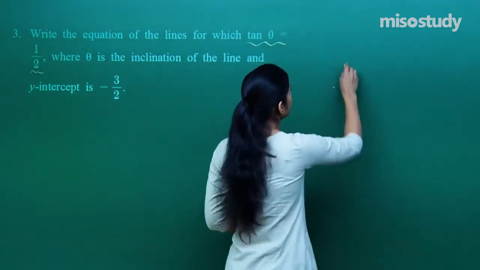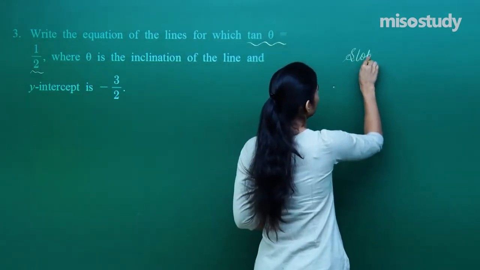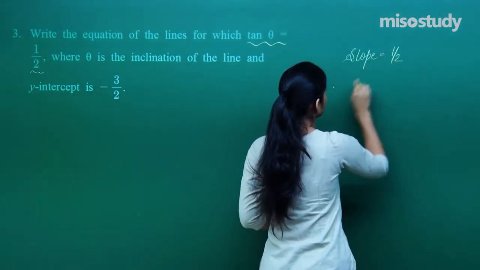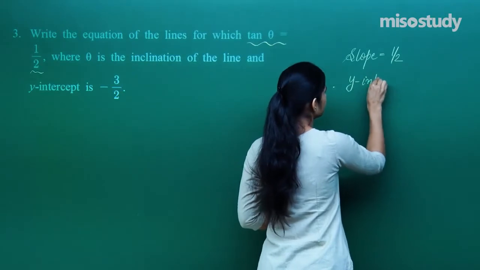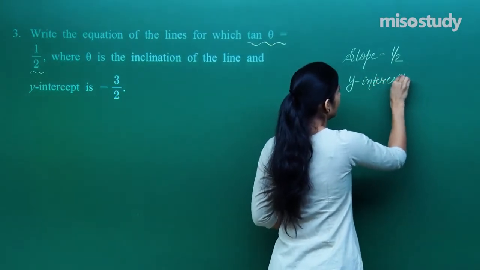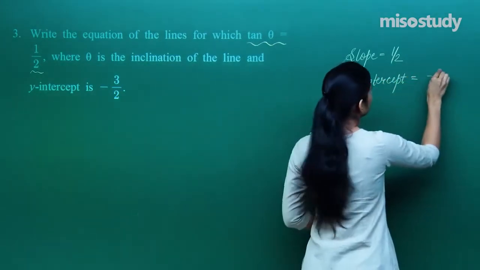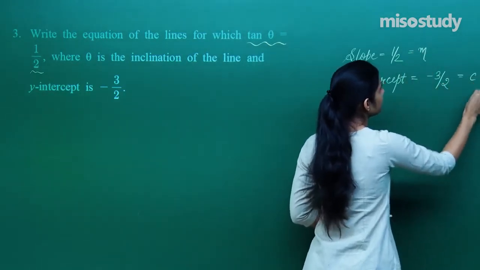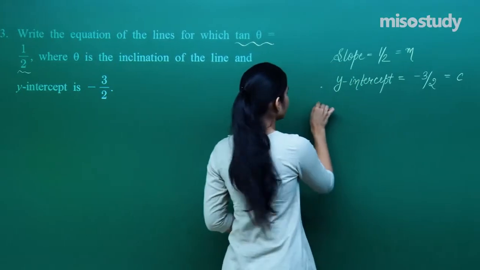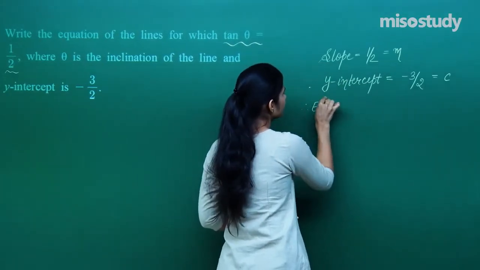So actually I am given slope of the line as 1/2 and I am given the y-intercept as -3/2.